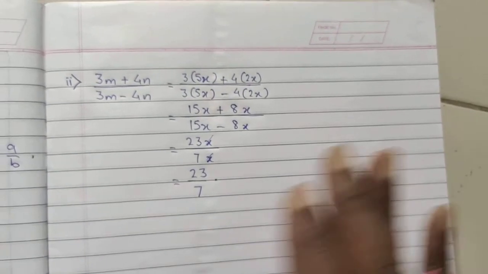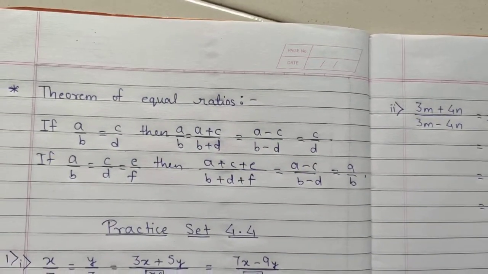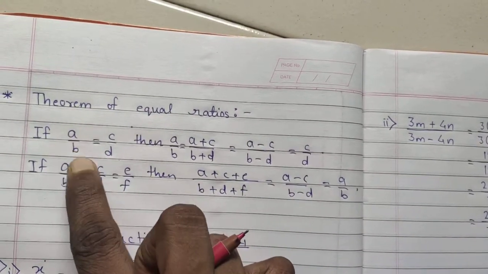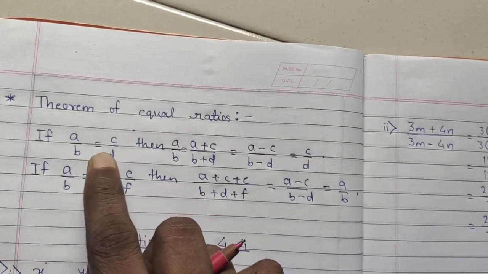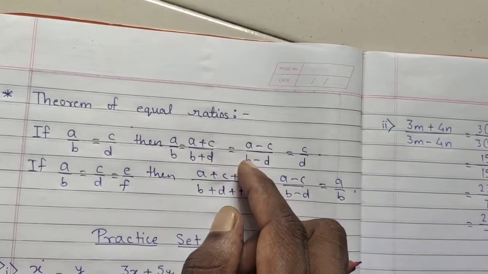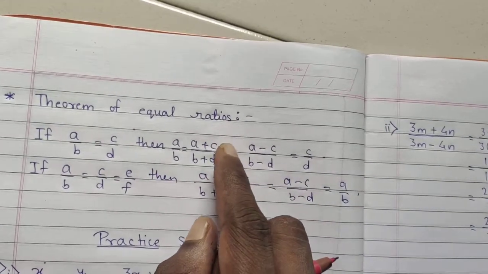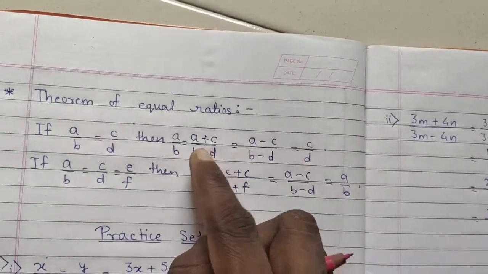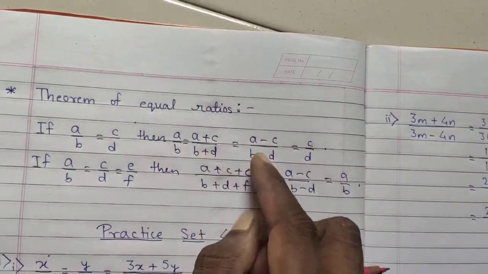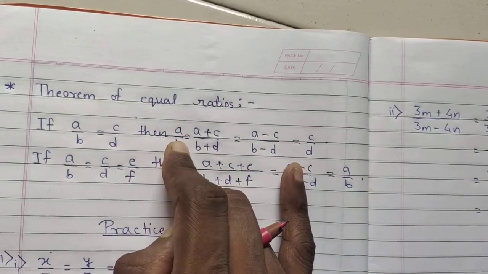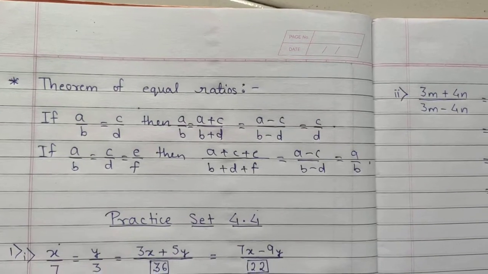Again I am repeating, whenever you are using the theorem of equal ratios, you should remember this very clearly. Whatever ratios are given to you, both are equal to whatever ratio you are making new. You can add or subtract, it depends on your question, but whatever answer you get is similar to your previous ratios. So that is the theorem of equal ratios.